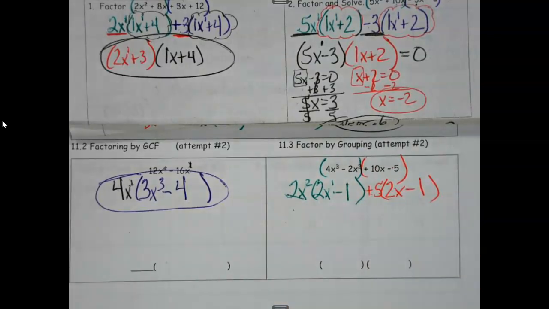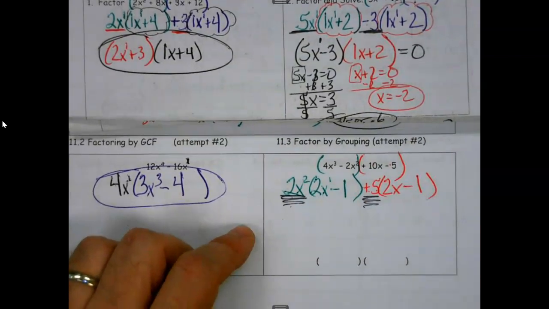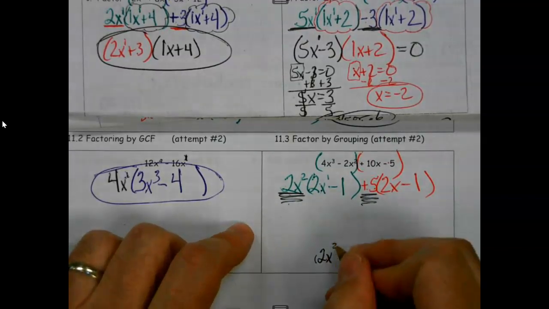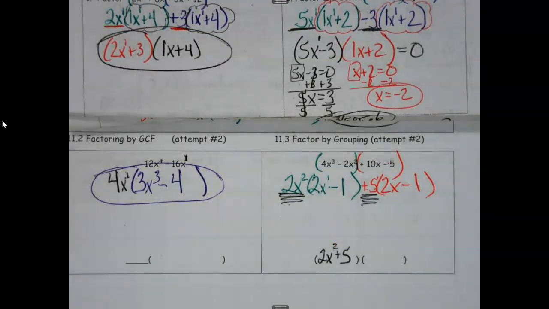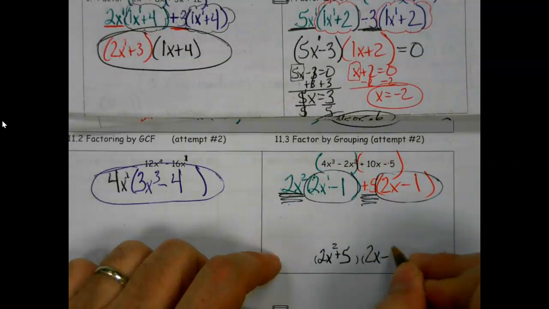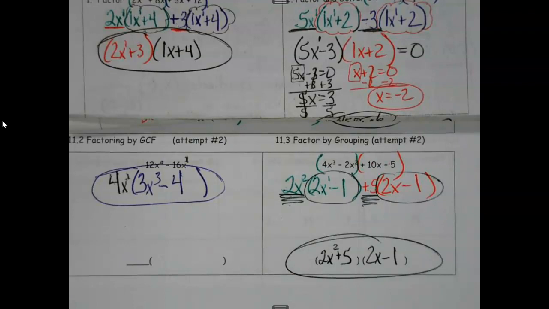If it is, I'm good. Because now, and if you don't want to use my little parentheses, you don't have to, the stuff outside goes together, and your common term goes together. Done as done can be.